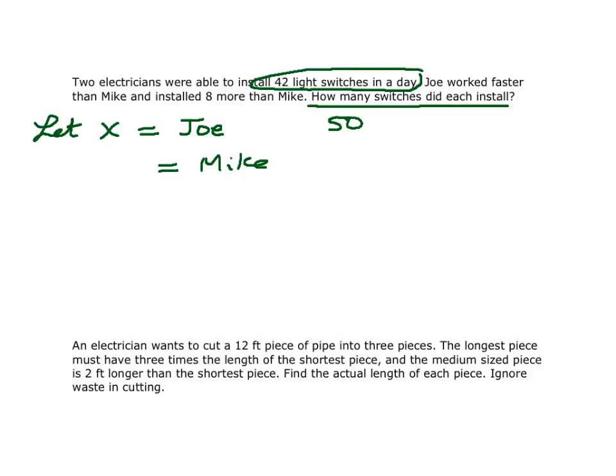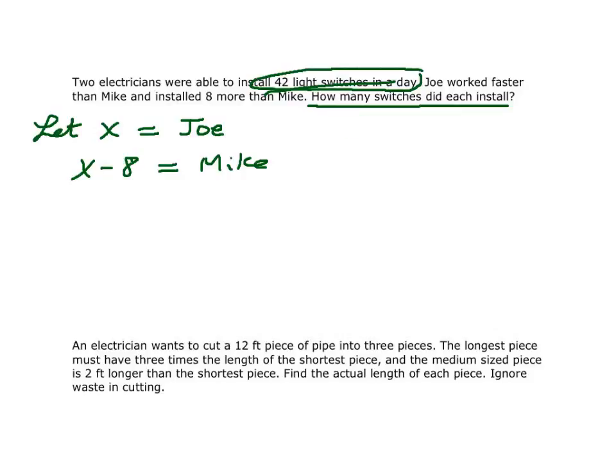But if Joe put in 50, that means Mike had to put in 8 less. That's a bad example because it's 42, but just ignore this part for a second. I didn't plan that very well. So if we know that Mike installed 8 less, we can write Mike as X minus 8. We don't know how many they each installed, but we do know they both installed a total of 42.